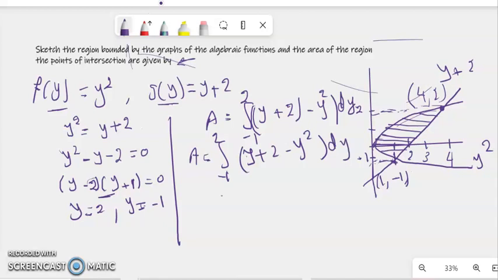And then let's do the integration. So y plus 2 gives y squared over 2 plus 2y, minus y cubed over 3, and then from -1 to 2.